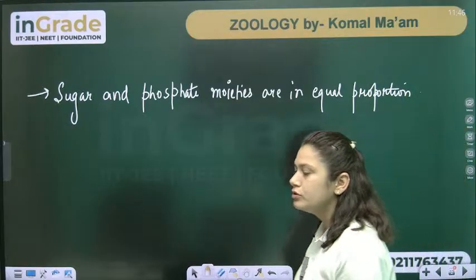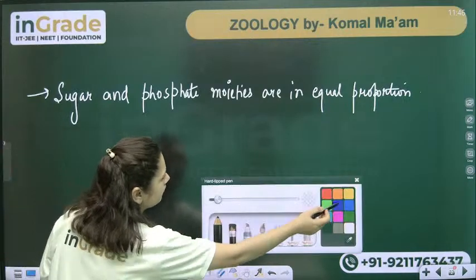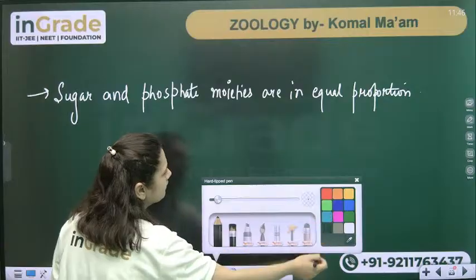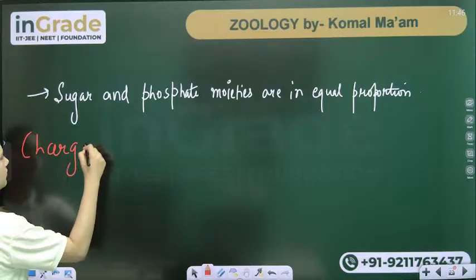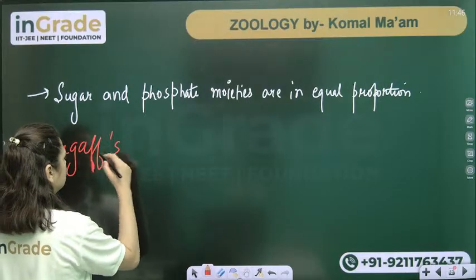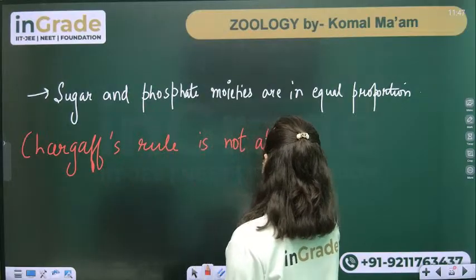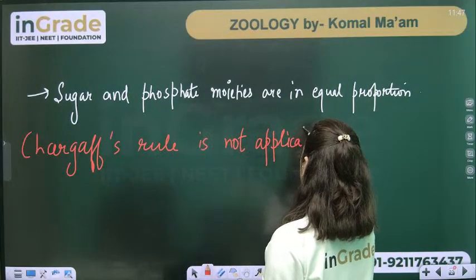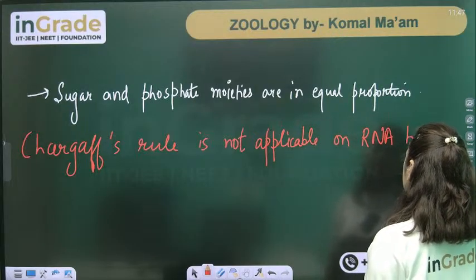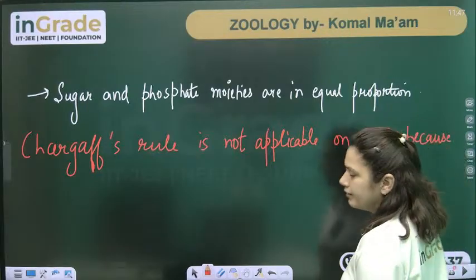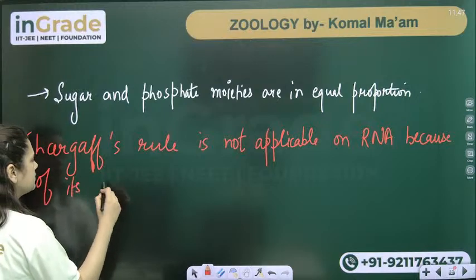Now Chargaff's rule is only applicable to DNA and it is not applicable to RNA. This is a very important point explained by NCERT. What is the reason? Because most RNA is single stranded.